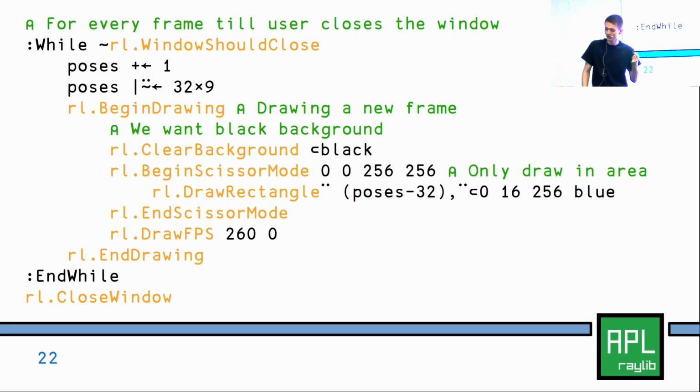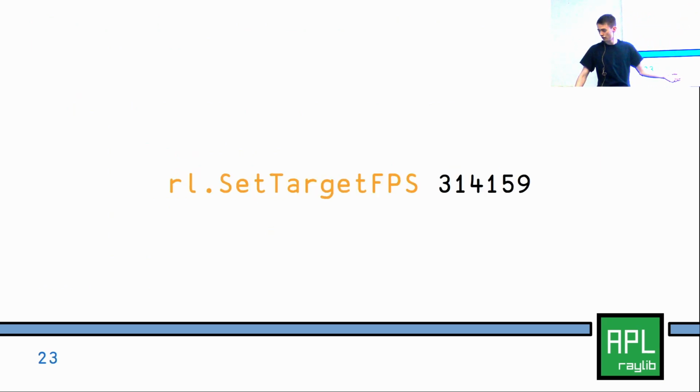And you might be thinking, could this be performant? There are lots of function calls, and I wouldn't say we're doing a lot of logic, but there could be lots of overhead with each of these calls. But there's one way to test it. We can set the target FPS so that the end drawing doesn't delay, because by default, end drawing delays so that you're executing one frame every 60th of a second.